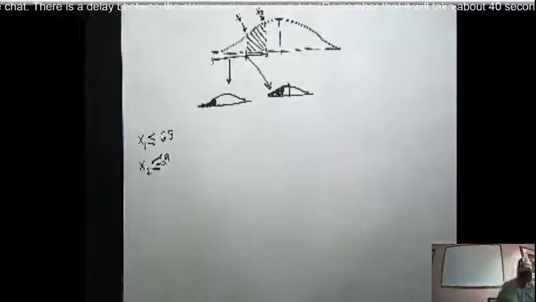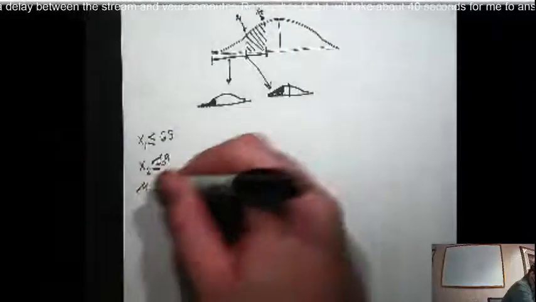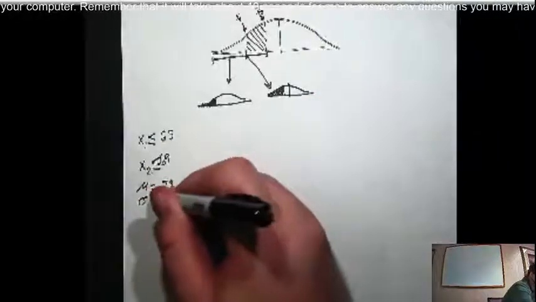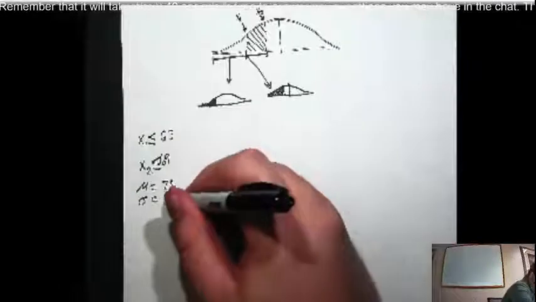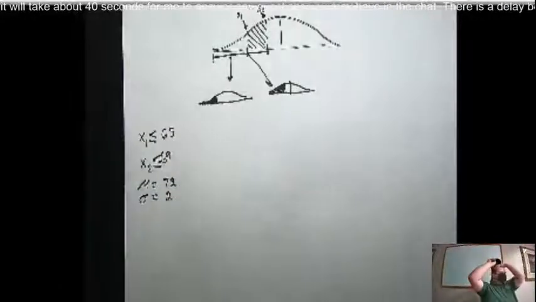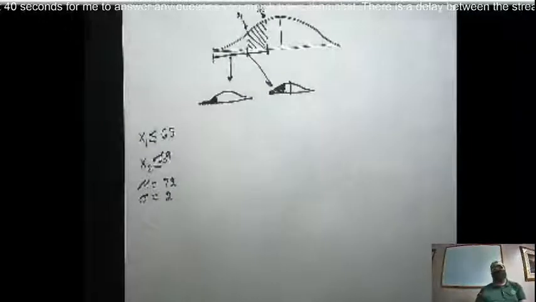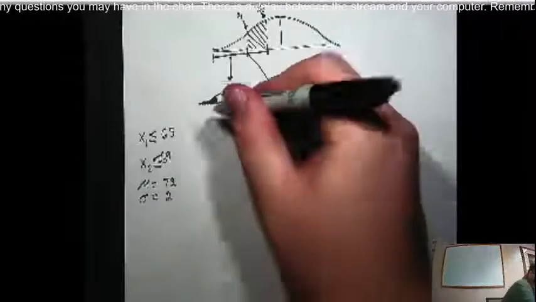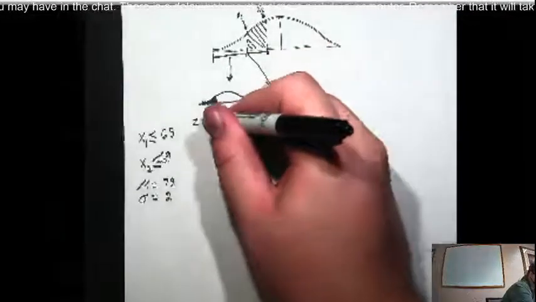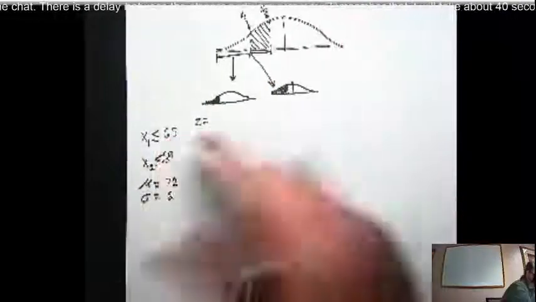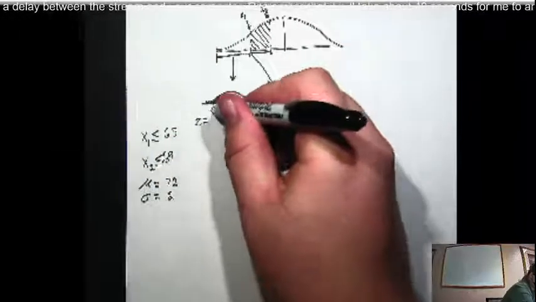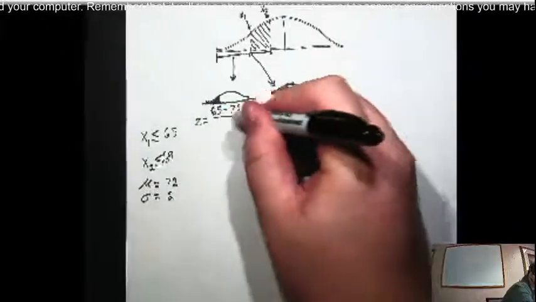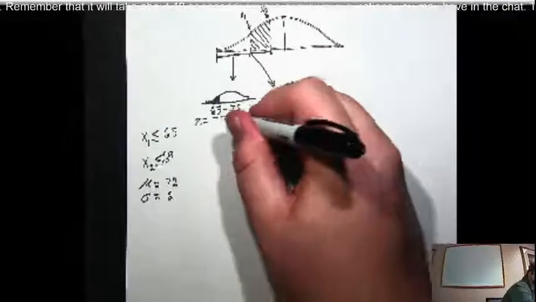Then we need a mean and standard deviation, so I'm going to say the mean is 72 with a standard deviation of 2. We have two x values here, which means that we need to get two z-scores. For this one, z is 65 minus the mean, 72, divided by the standard deviation, 2.